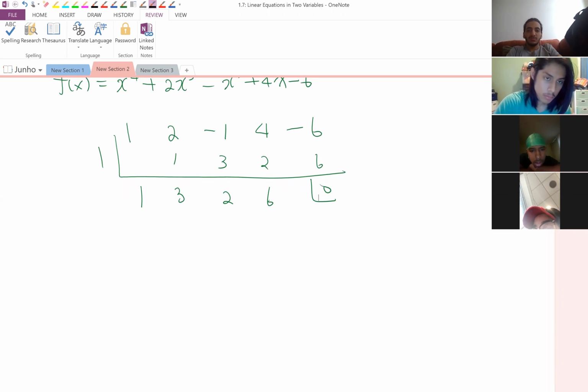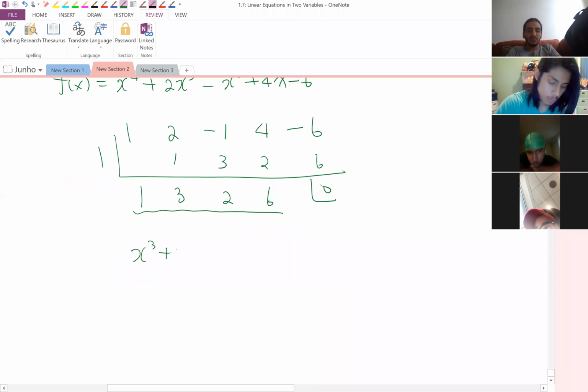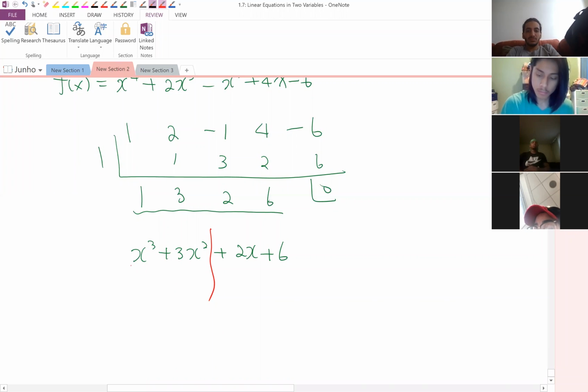And now, because we have 4 terms here, we can use grouping. So x cubed plus 3x squared plus 2x plus 6 so far, and then we cut in half. What is the common factor here? x squared.